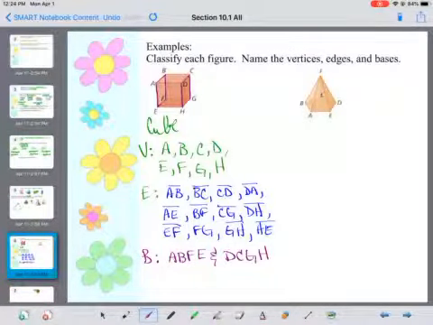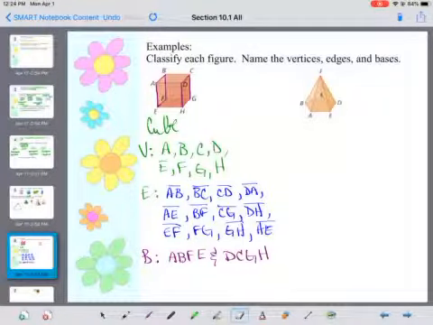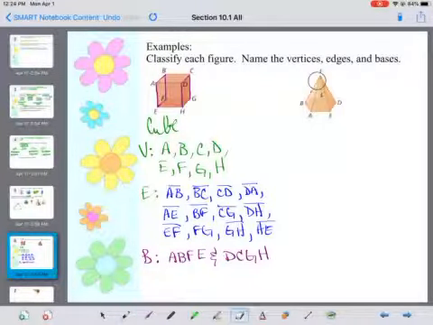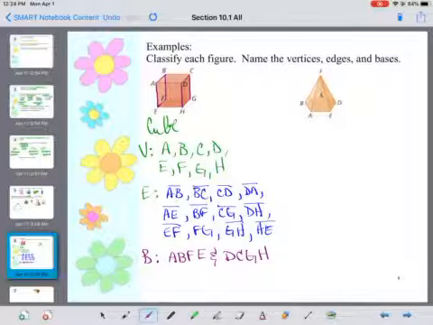Now, I'm not going to go through all of the second one here, but I will kind of quickly say here's your vertices. Okay. Here's your edges. And then you have one base because this is a pyramid and it is pentagon ABCDE.